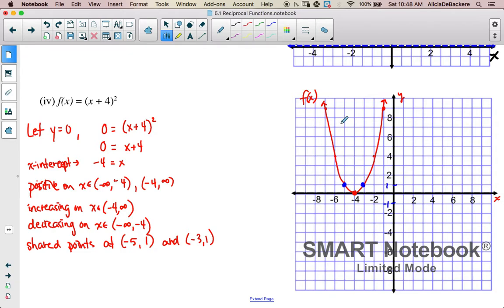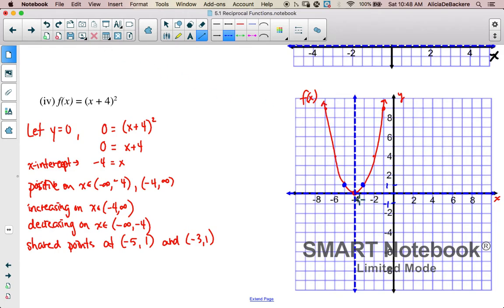Got those marked. I can also add in my asymptotes. I know that there's going to be a horizontal asymptote since this is a reciprocal function, and I know that there's going to be a vertical asymptote where there's an x-intercept. So this is kind of strange for us. We've got that vertical asymptote just once. It's kind of more like a line. But this one's a little bit different because remember, with a straight line, I would have been partially below the x-axis and partially above the x-axis.